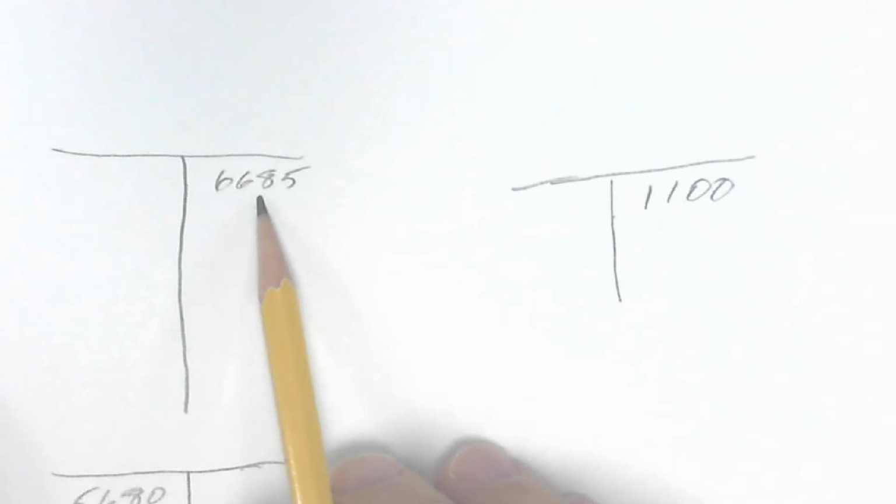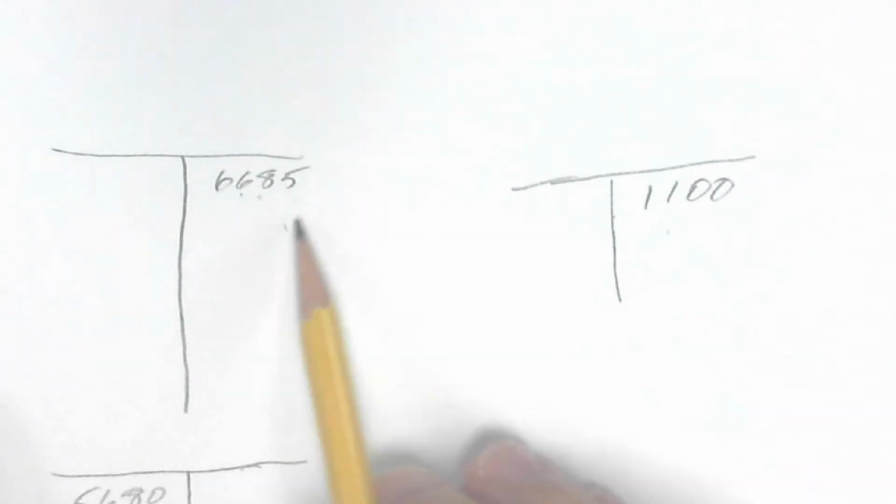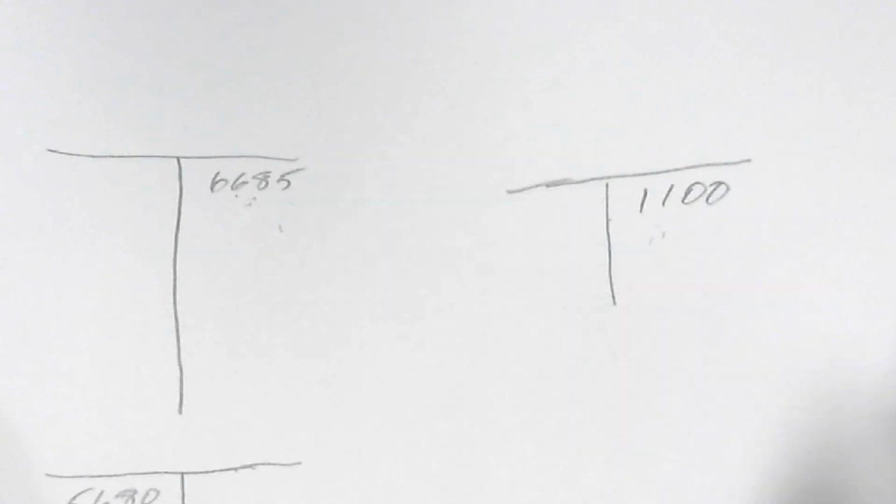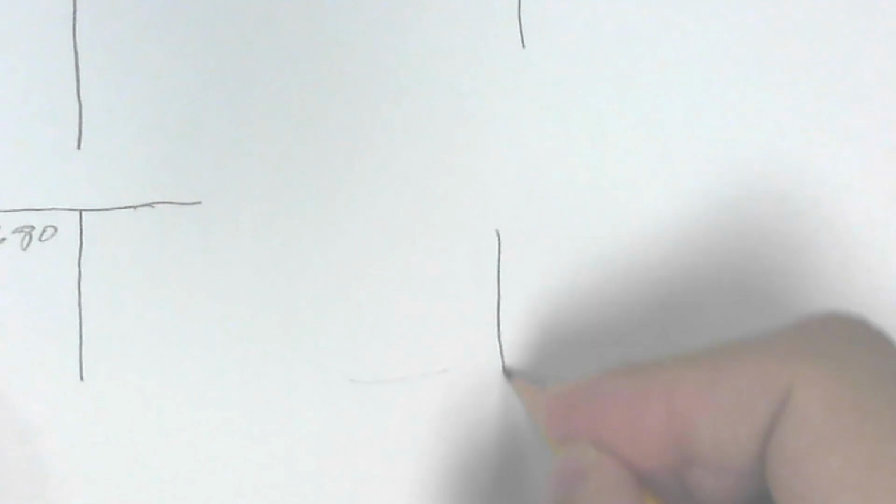So what we're going to do is we've got our credits. So we'll add up our credits, $66.85 plus $1,100. So I'll make a fourth one here.